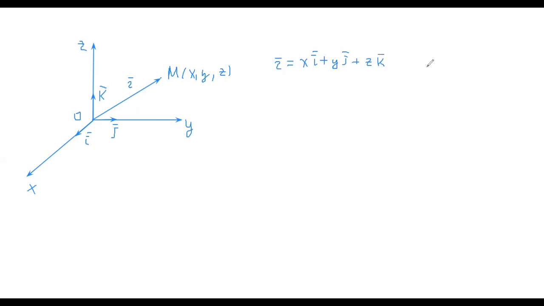And it is obvious that coordinates x, y, z can be changed in time. So they are functions of time. It can be written like this.